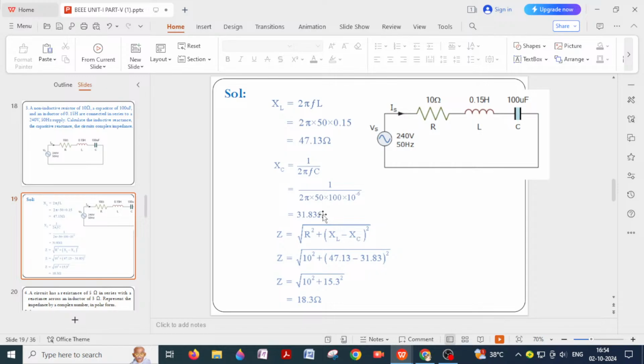Now, impedance Z formula is what? I'll just expand it.